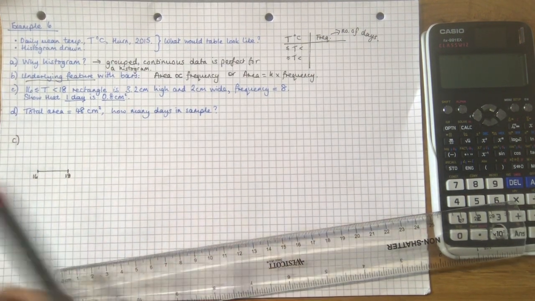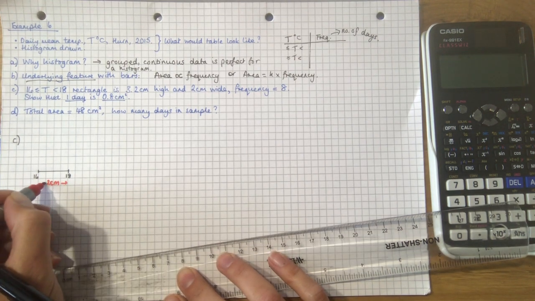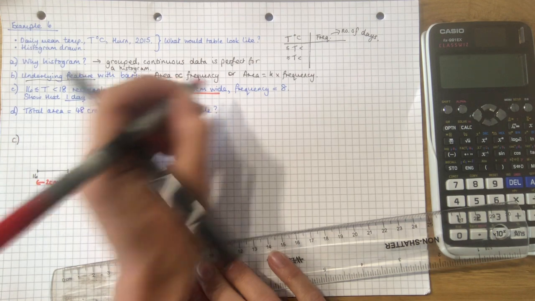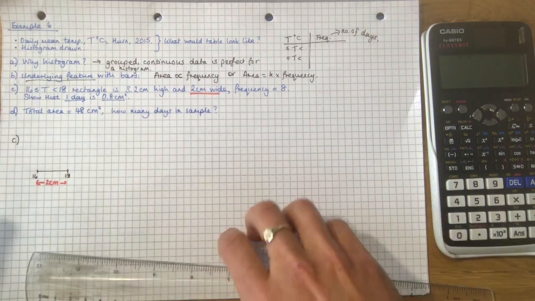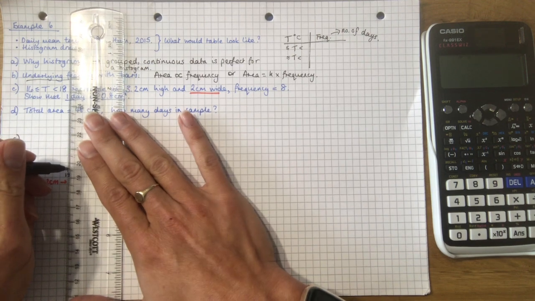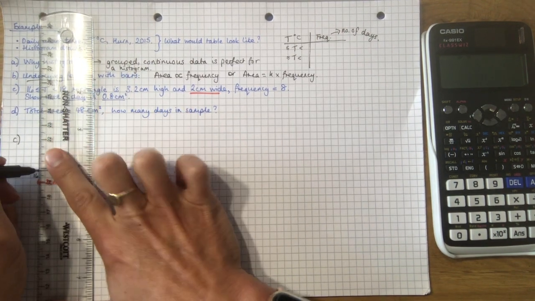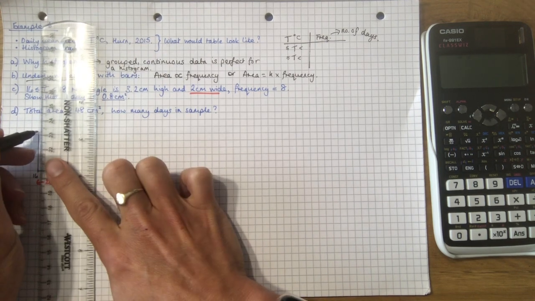And we are told that this bar is 2 centimetres wide. There. We are also told that it's 3.2 centimetres high. So I don't need to do it accurately as long as I write on what's going on. So something like that.